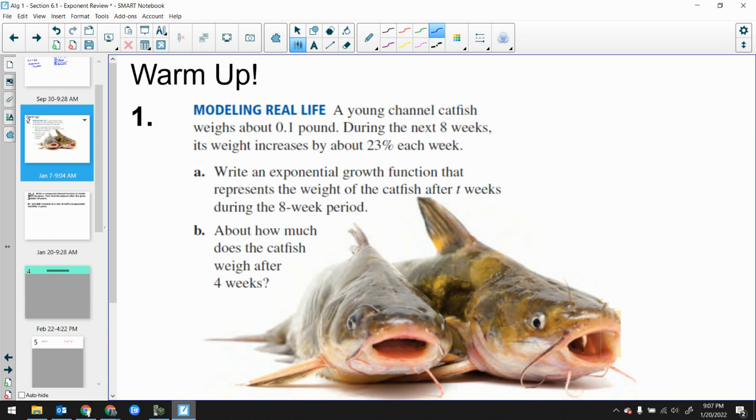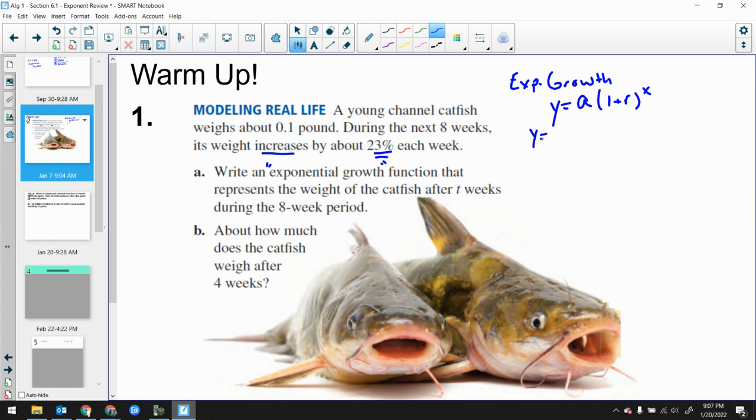All right, now I need to use the exponential growth function. How do I know I need to use exponential growth other than it's telling me to? Because I see increasing by a percent. Whenever you see increasing by a percent, you use exponential growth, which is y equals a times 1 plus r to the x power, where a is your initial amount and r is your rate as a decimal of increase.